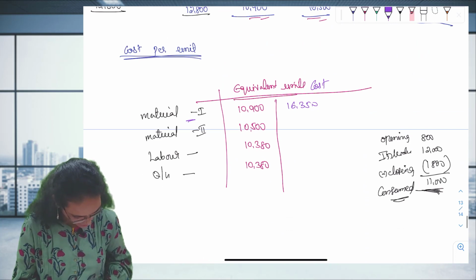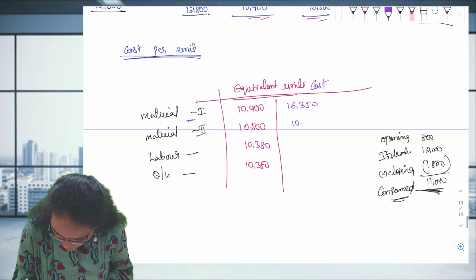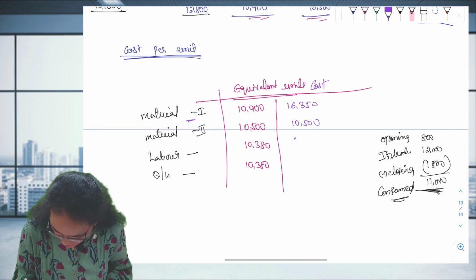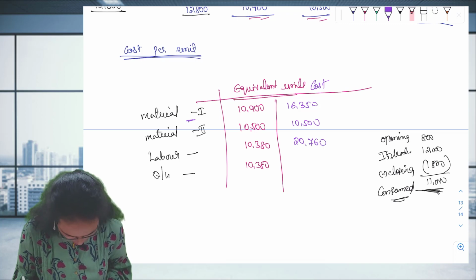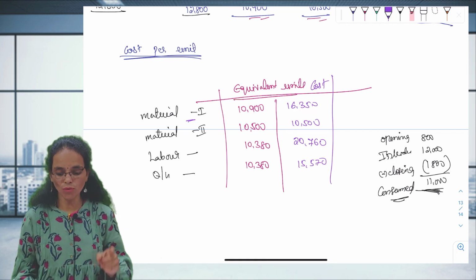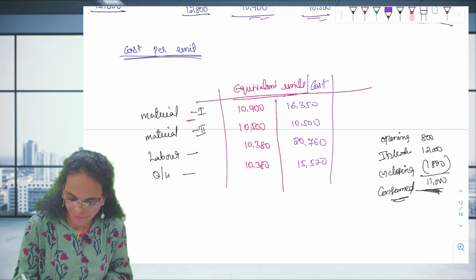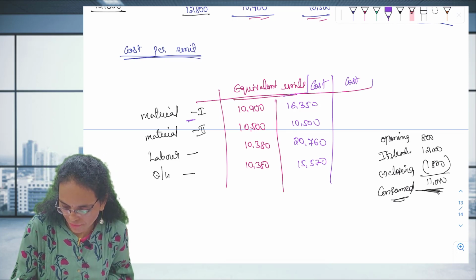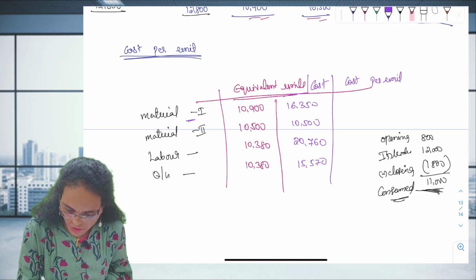Directly I'll write here: 10,500, 20,760 and 15,570. So I will come to know what the cost per unit is. What is the cost per unit?